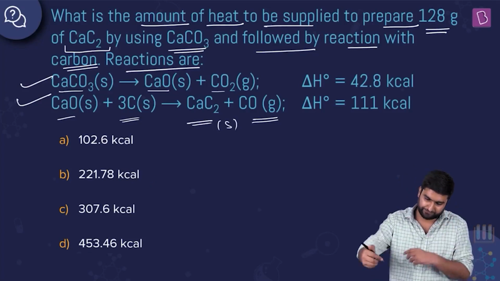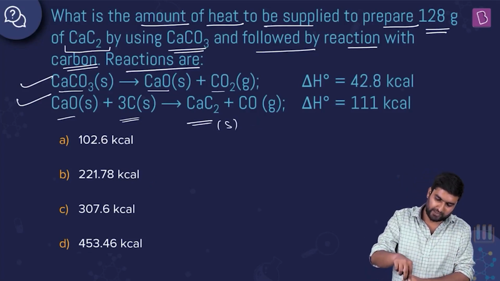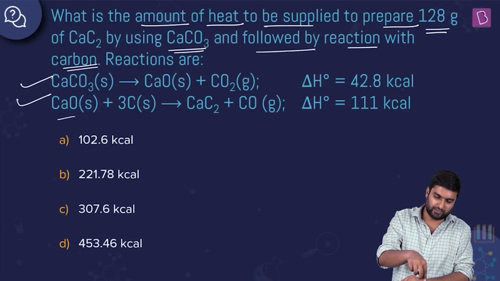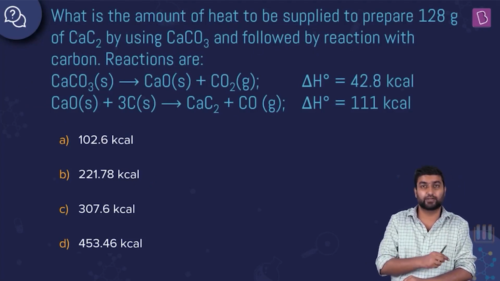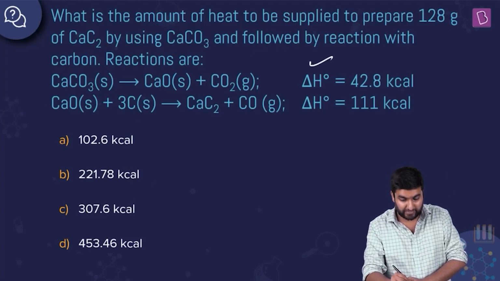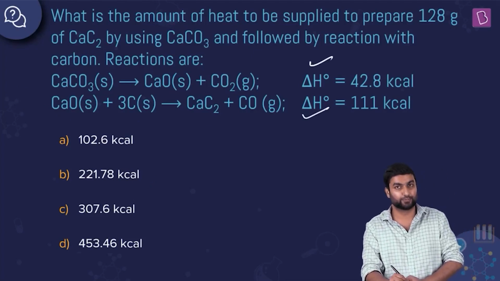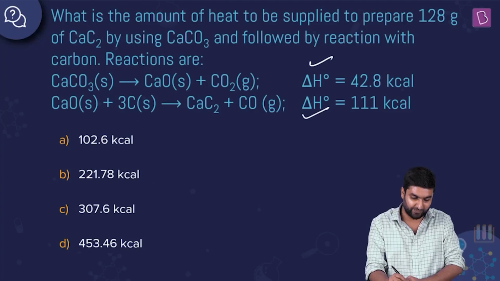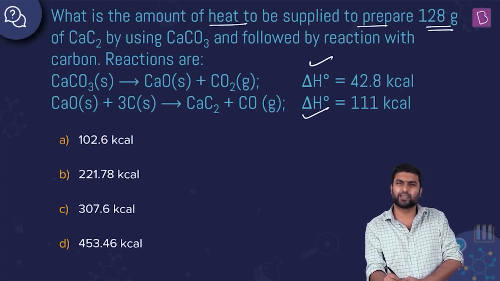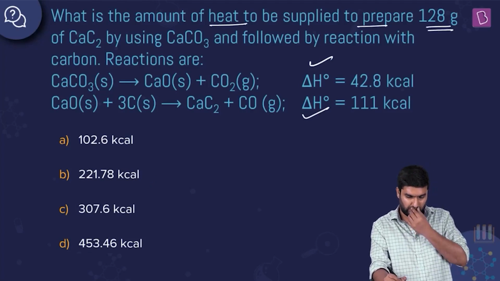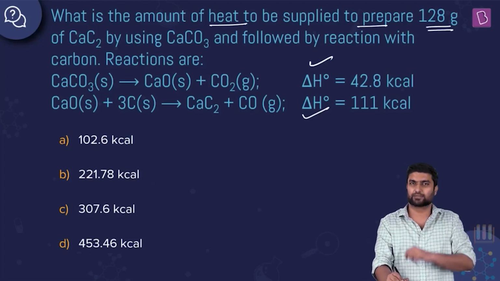Now, the point is, these are the reactions and these are the delta H values that have been provided with respect to them. Delta H naught values, to be more correct, right? What is the amount of heat to be supplied to prepare 128 grams? Now, one thing is cool.